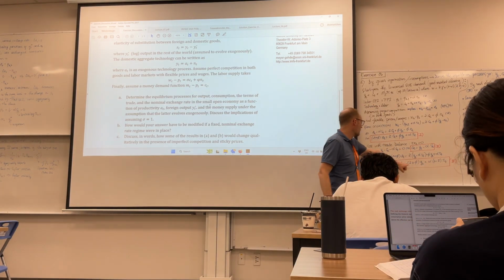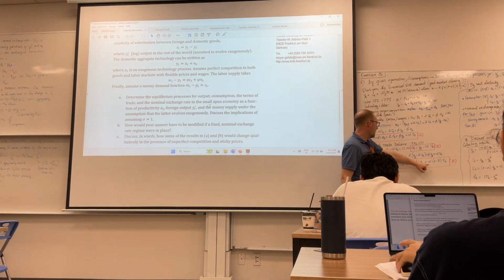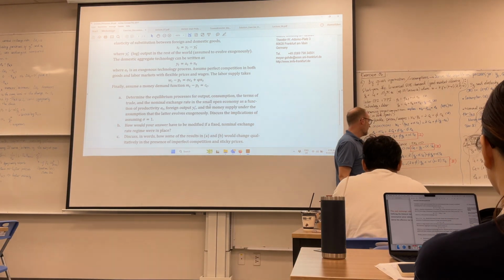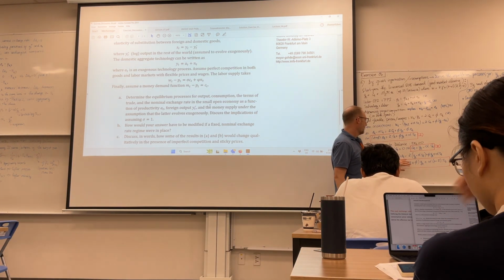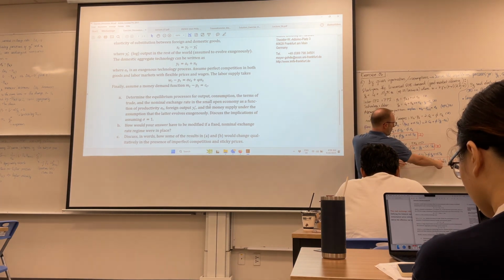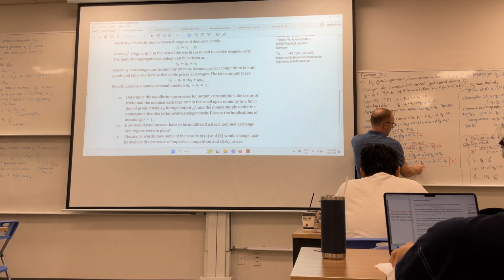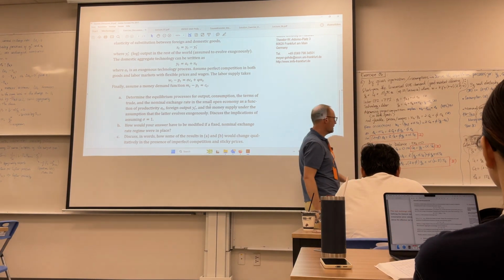Right, here in equation 3 is I think really the key equation. It shows how the terms of trade affect our domestic output. So we hold productivity constant, right?